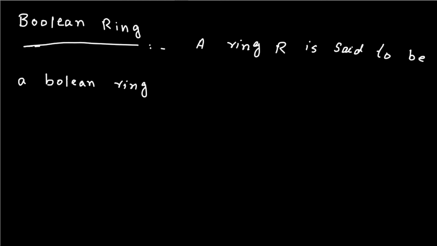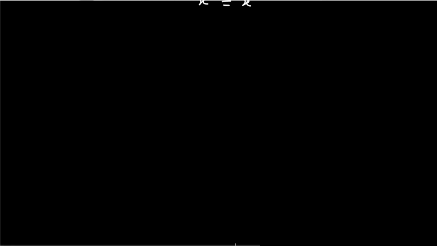That certain condition is, we will pick an element from the ring R, and we will say that for all x belong to R, we have x square is equal to x. This is the condition. If this condition is satisfied on the elements of R, then we say that R is a Boolean ring.